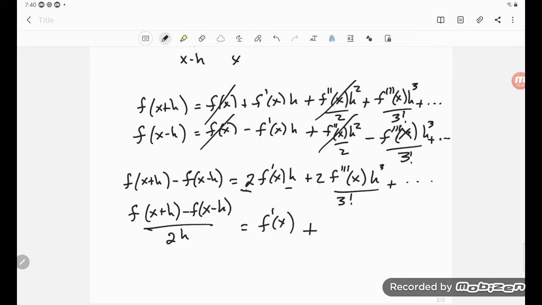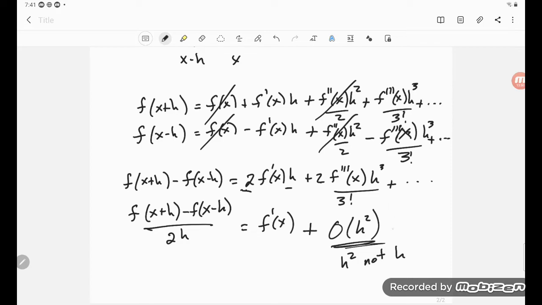The rest of the constant, well, the 2 will disappear, but it doesn't really matter. I'm going to call this big O of h squared. Okay, this is h squared, not h. Well, so if you think of this in terms of error, you see the error is much, much smaller.